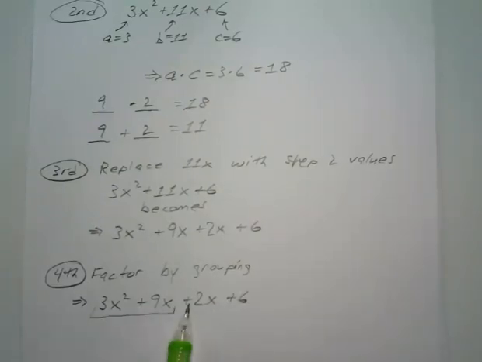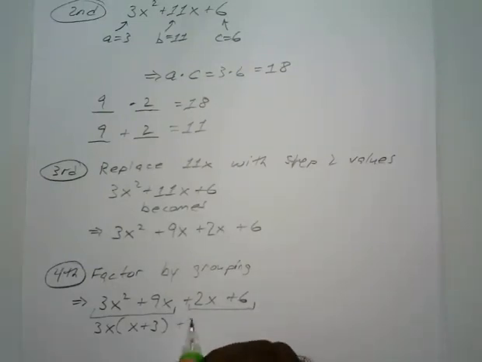And we go ahead and make that into two smaller subgroups. These two terms we can factor out 3x, and that will leave us with x plus 3. These two we can factor out 2, which will leave us with x plus 3.